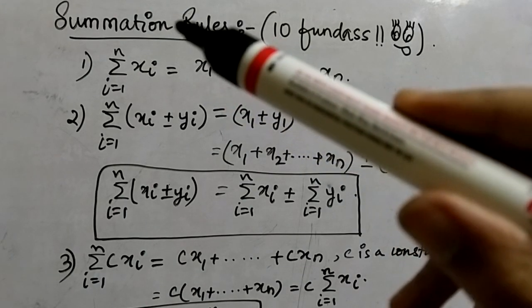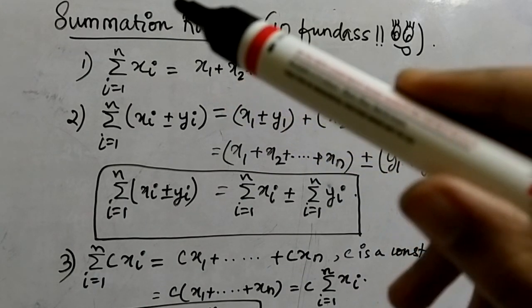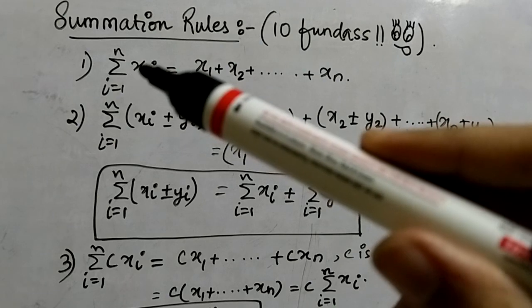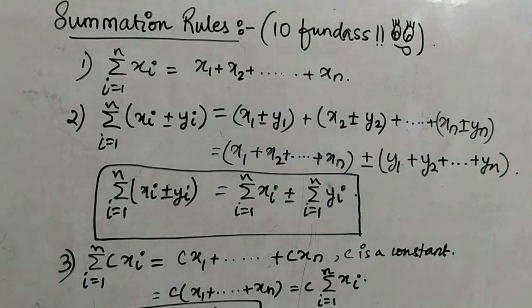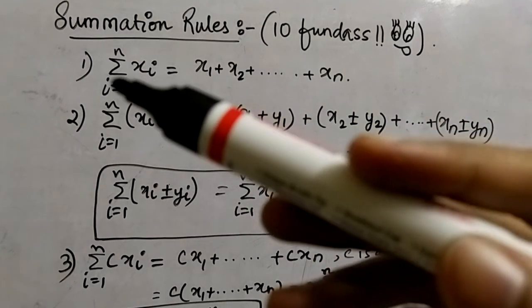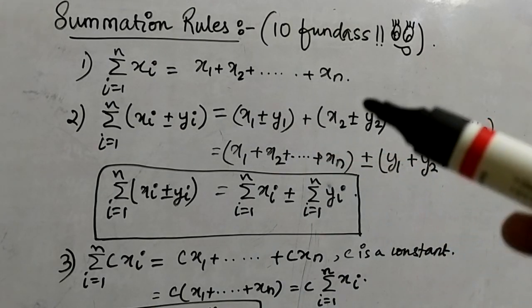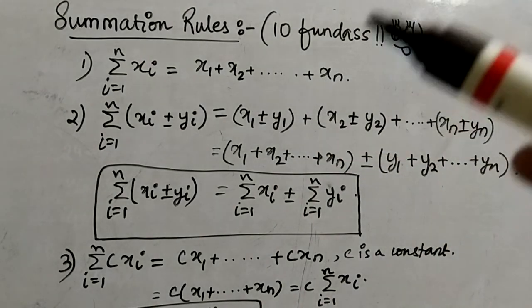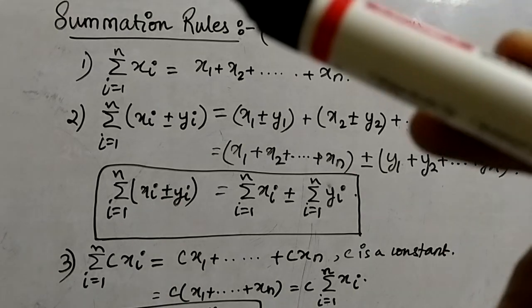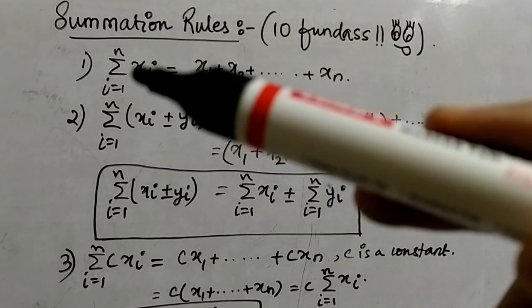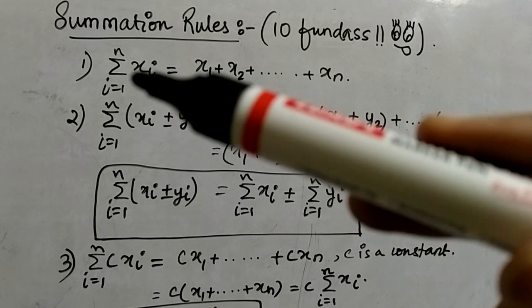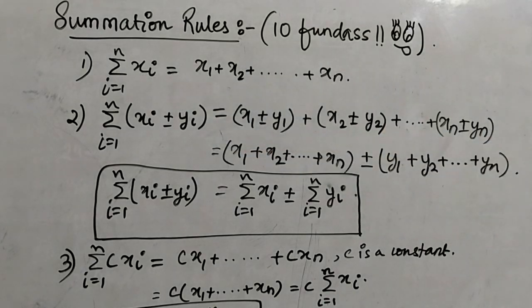I have stated in my arithmetic mean video what this summation means, but I would like to repeat it for the viewers who are watching this video for the first time. This summation means the sum of all the n variables, n observations, n values. This symbol denotes sigma, the Greek letter.